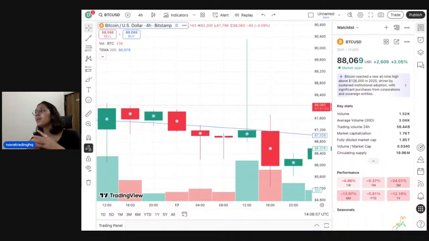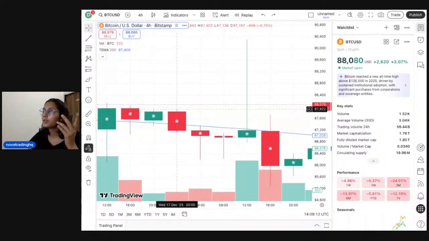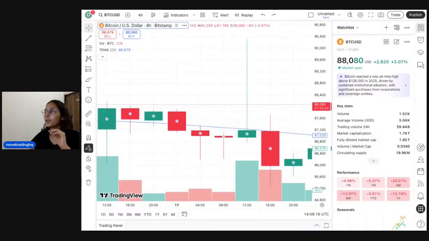This candle failed to hold. And the long upper wick tells us that sellers were already very active above 88.1K, as we can all see clearly on this picture.